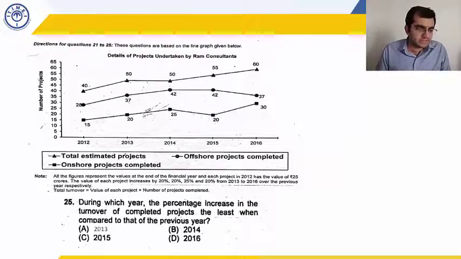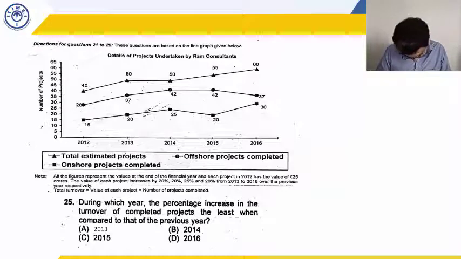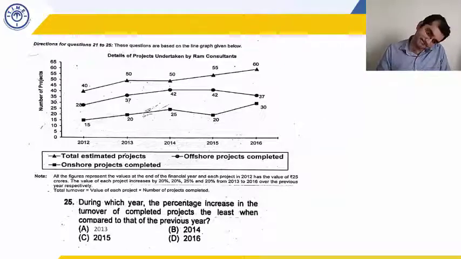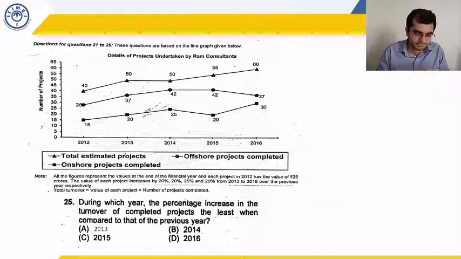I'll give you 1 minute because there's a lot of calculation involved in this question. And you need turnover, that means you need value of each project and the number of completed projects.